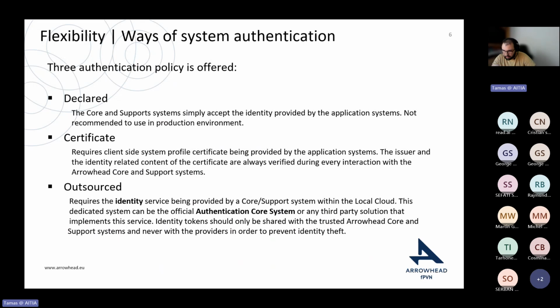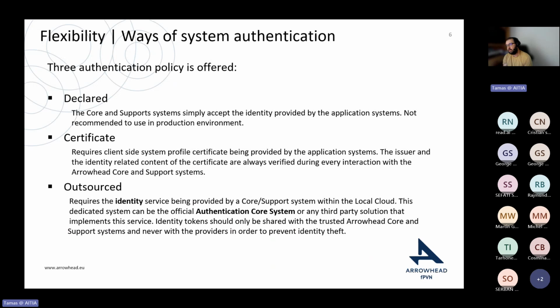It is designed the way that you can have any kind of credential data in this input data, but the outcome of this identity service is always an identity token. So no matter what happens with the credential that was provided by the consumer or the provider, the outcome of the authentication procedure is always an identity token.